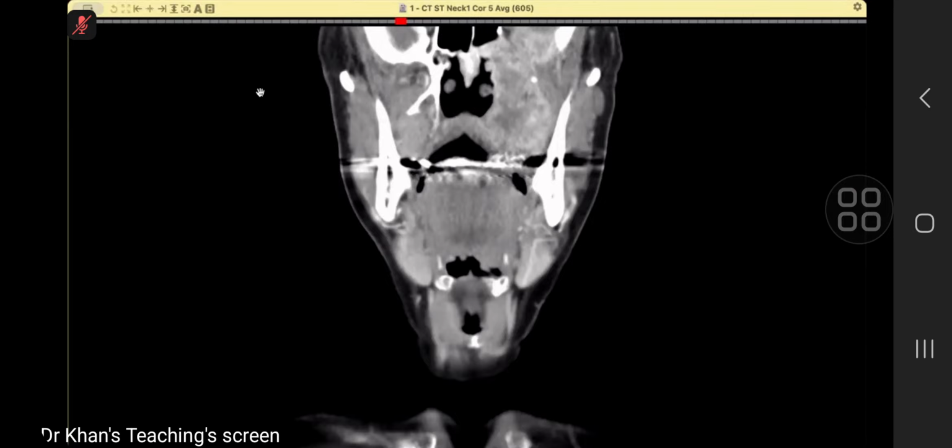Is it going into the intracranial cavity? Sir, on these images, the intracranial structures are not visualized. I can only see the upper part of the nasal cavity. Okay, thank you.